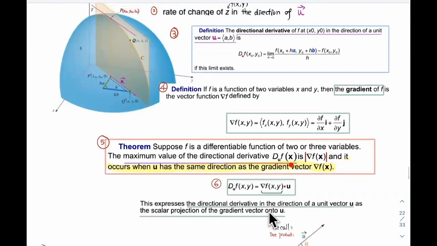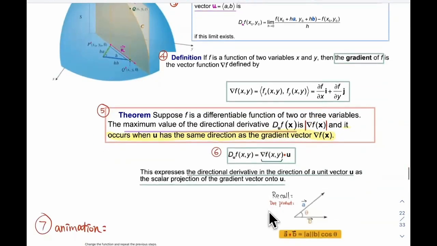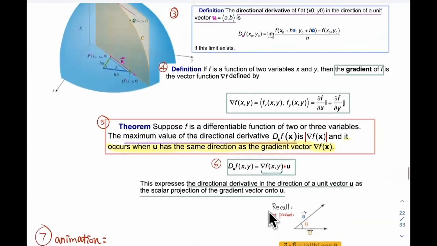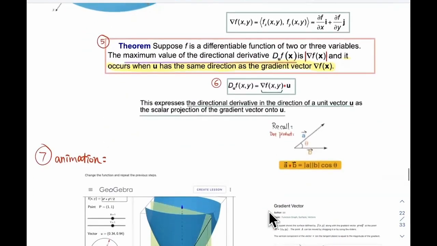So the directional derivative of the function is maximized when the direction is in the same direction as the gradient. And the maximum will be the magnitude of the gradient. Okay, so I put that in. And I also put this one in. The directional derivative is the gradient dotted with the direction vector. Okay.